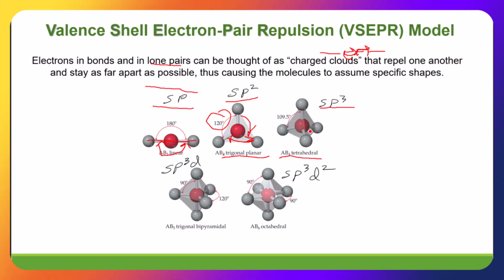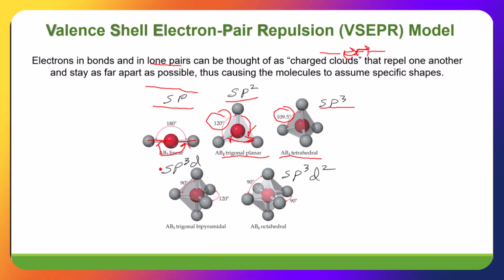There's 4 domains around the central atom, 4 electron domains. These happen to be all bonding domains. When they push themselves out in this way, you get 109.5 degree bond angles. So tetrahedral electron geometry gives you 109.5 degree bond angles.